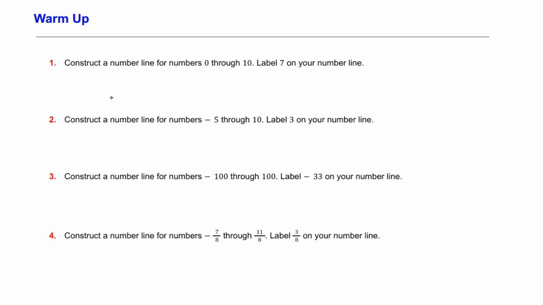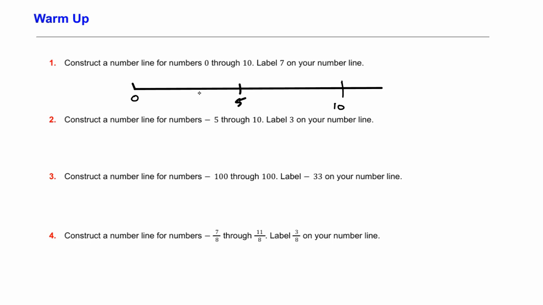When we graph a number line, this says from 0 through 10. So I'm going to start out just by making a line. Whenever I want to make a number line, a lot of times I'll put where I want to start first, and I might call that 0. Then I'll put where I want to end up, and maybe make that 10. Then I'll go about halfway in between, and we'll call that about 5.